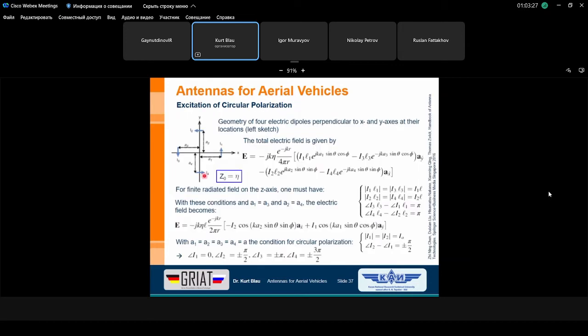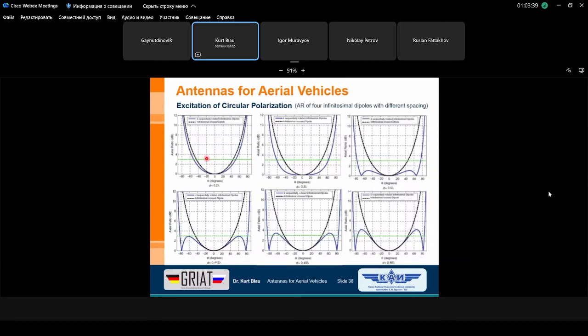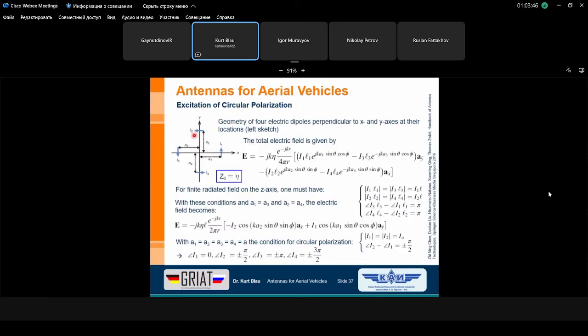In our case, let's assume it's the plane of the y-axis here, because the arrangement of the dipoles is this way. So what we can see here, the distance between the dipoles was determined by the distance, for instance, R. Here we have set it, not R, I mean A. A1 equal A2, A3, A4, identical A.